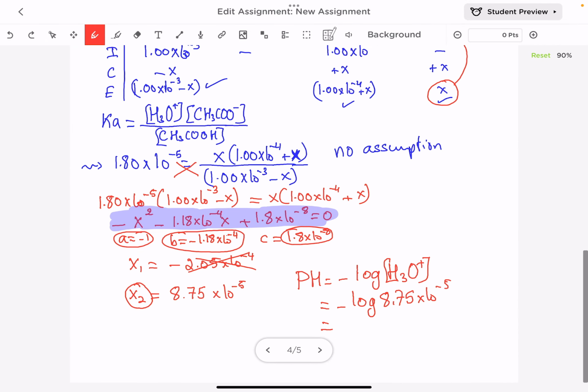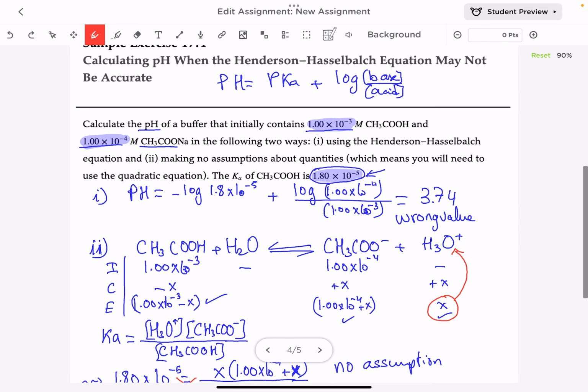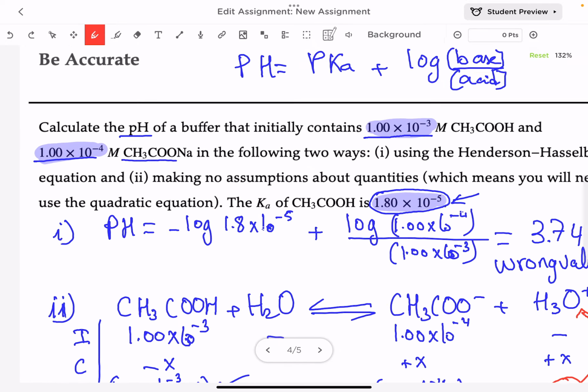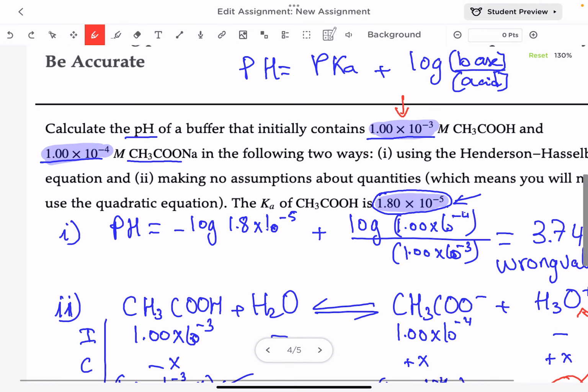The real value of the pH of this buffer is 4.05.